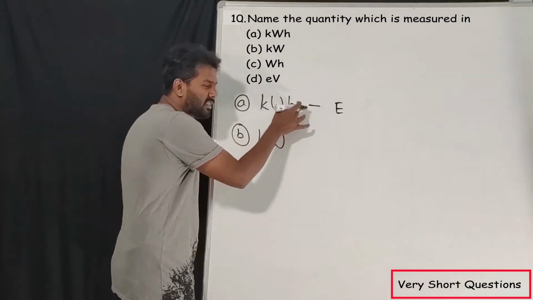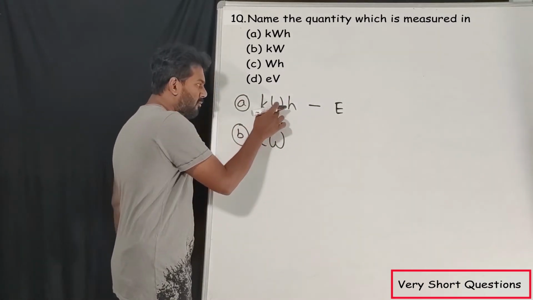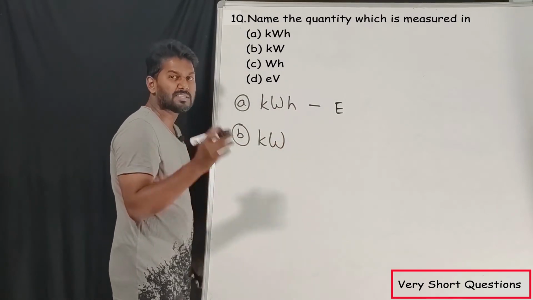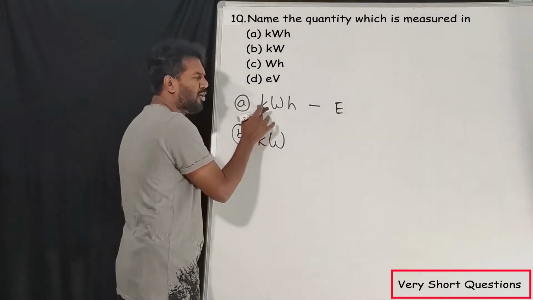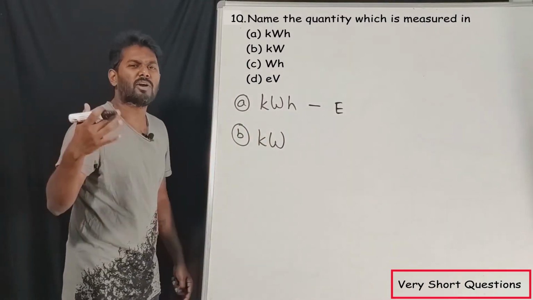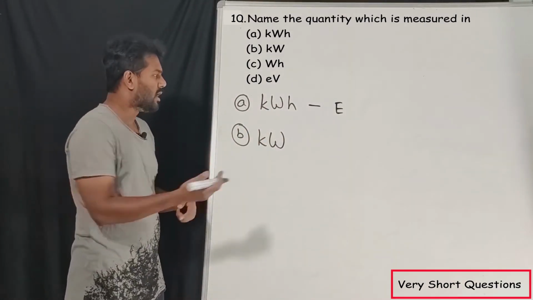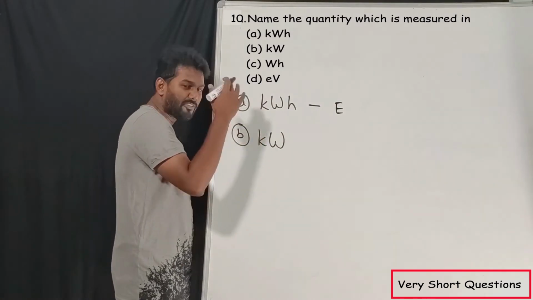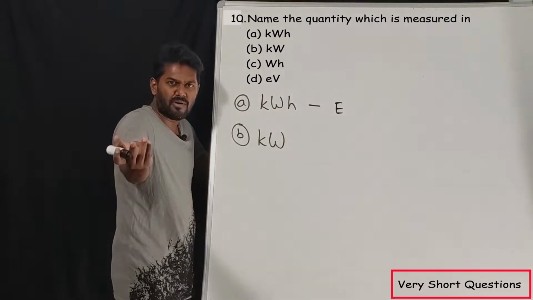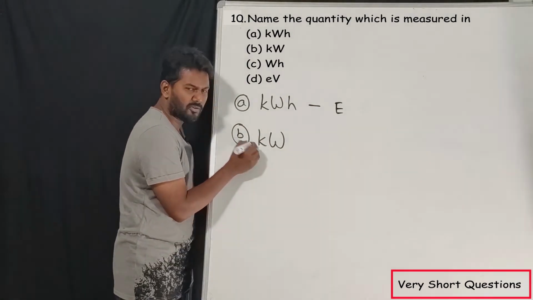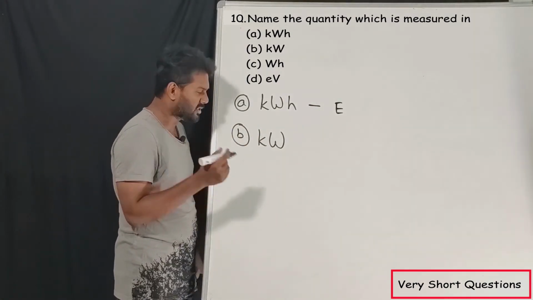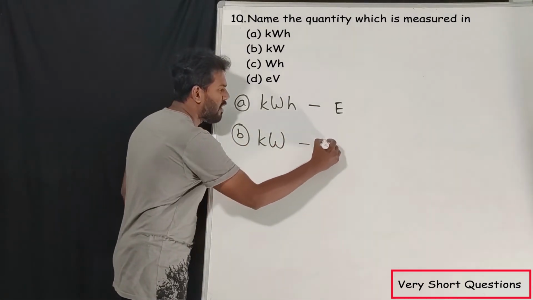When it is with time, power into time gives us energy. So watt hour is the unit of energy. Don't worry about the word kilo. What do you mean by kilo? It is 1000 watt hour. Whether it is 1 watt hour or 1000 watt hour, it is the unit of energy. In the same way, don't worry about kilo, mega and all those things. Watt is a unit of power.